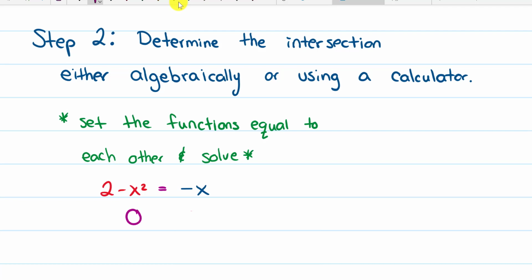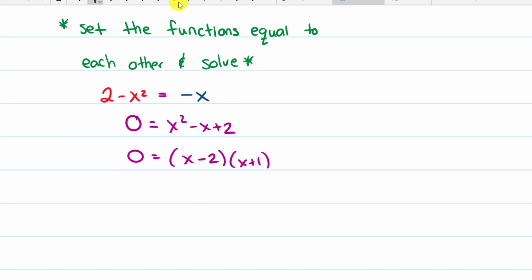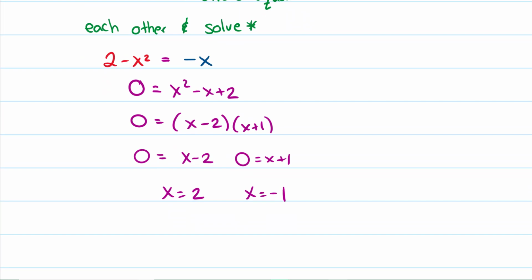So we get 0 is equal to x squared minus x minus 2, and then we go ahead and factor, and you get x minus 2, x plus 1, and so 0 is equal to x minus 2, and 0 is equal to x plus 1, so x is 2, and x is negative 1.